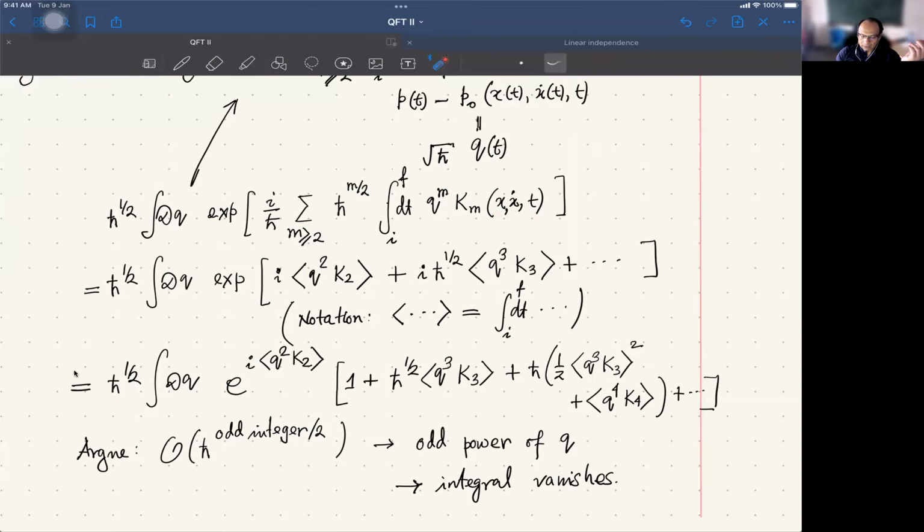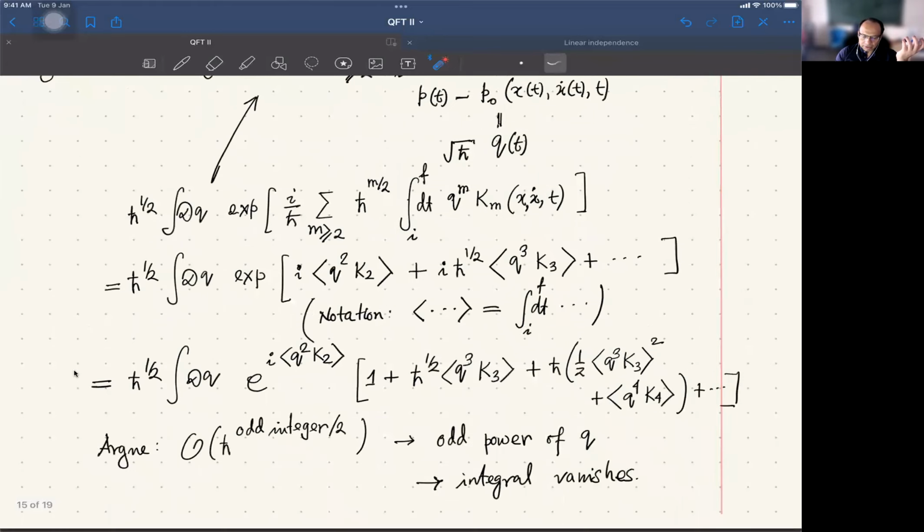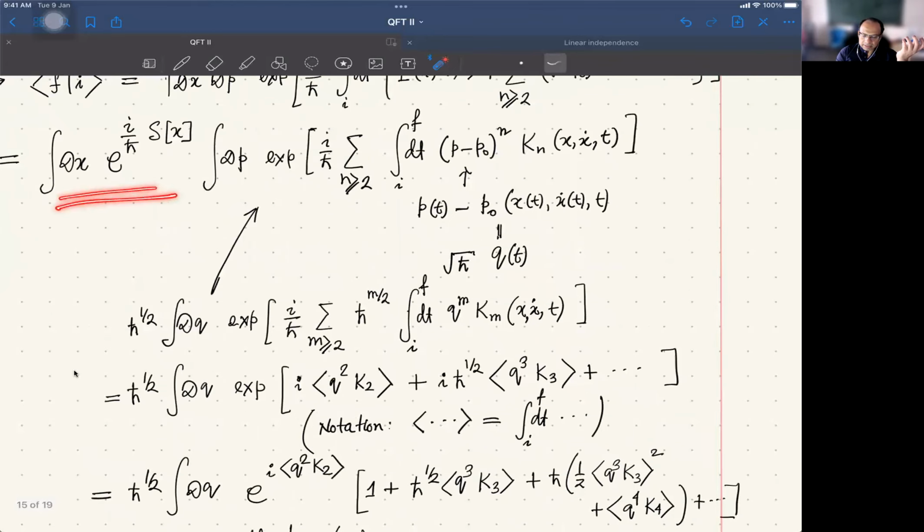And you can collect all these results at order ħ², etc. The general structure is that at every order of ħ, the contribution is some function of ẋ and t. And remember that this entire calculation is sitting inside that x integral.